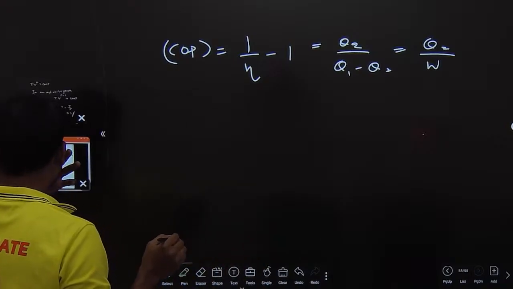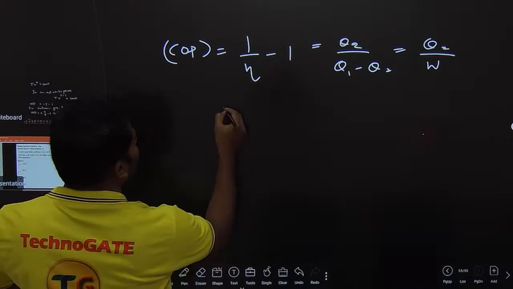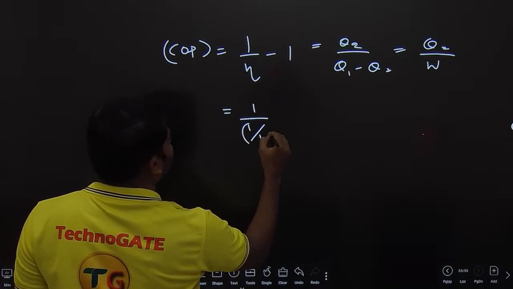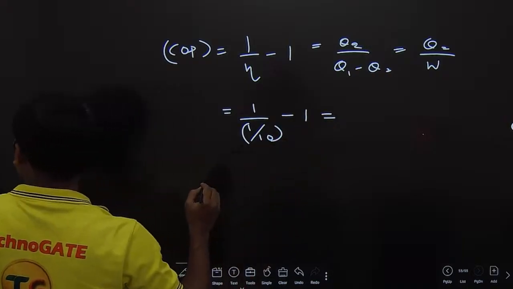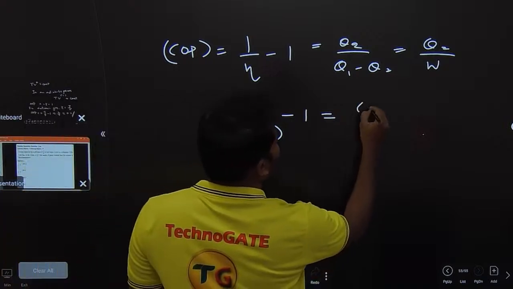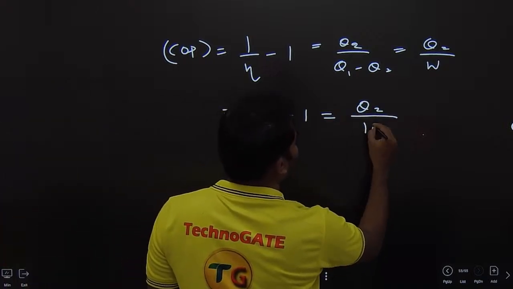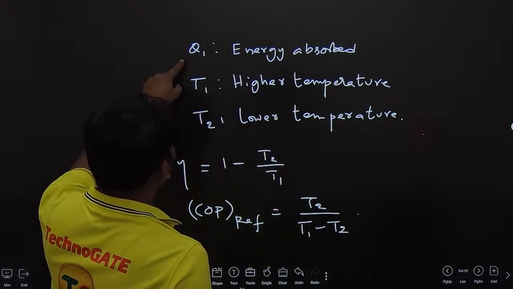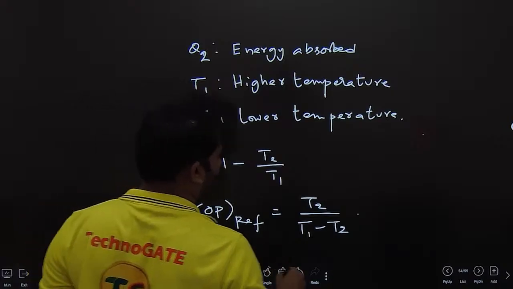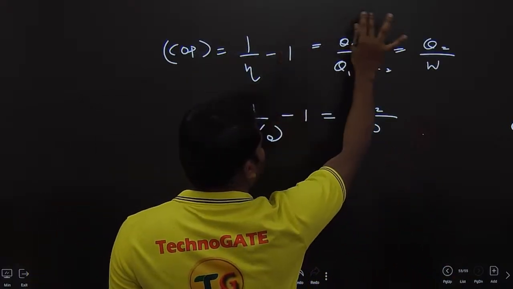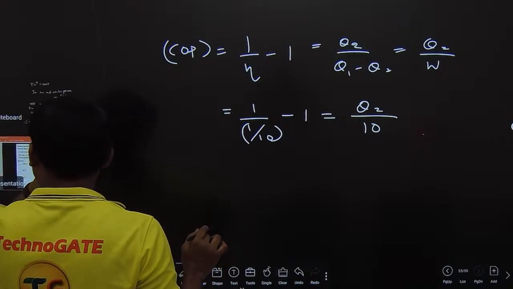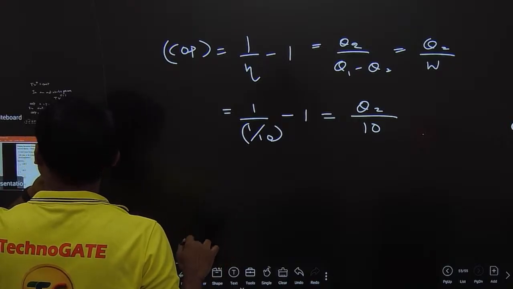It is given as 1/10 for a heat engine. So eta is 1/10, and 1 by eta minus 1 equals Q2 by 10 joules, since the work done on the system is 10 joules. We don't need to get Q1. Q2 is the heat absorbed from the reservoir at the lower temperature.